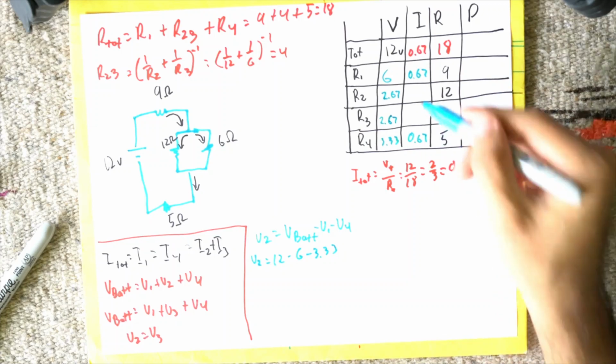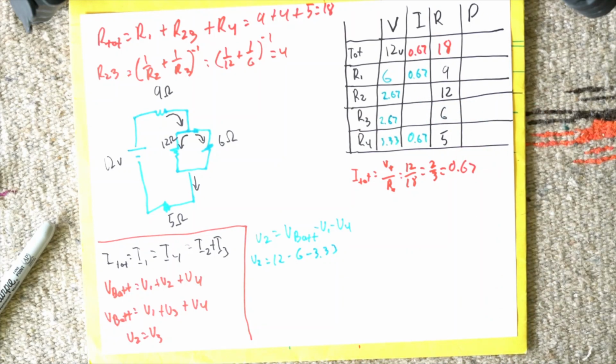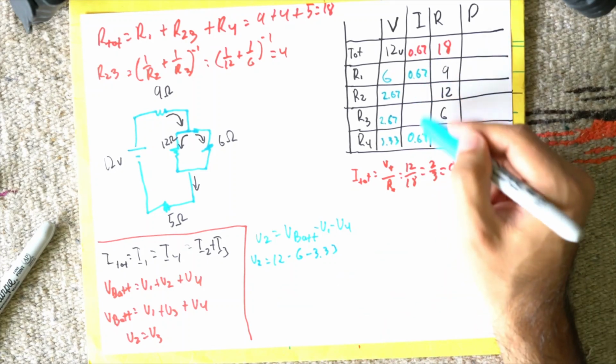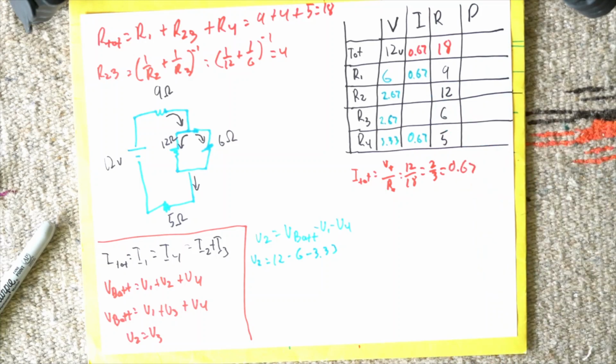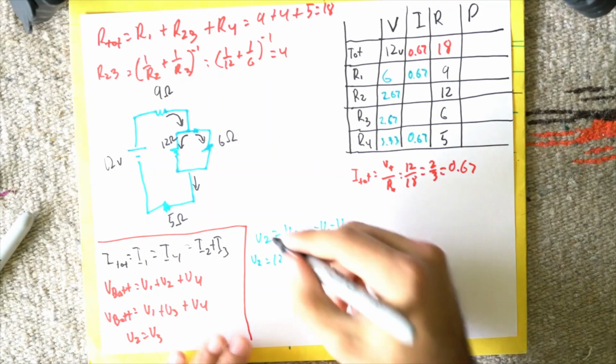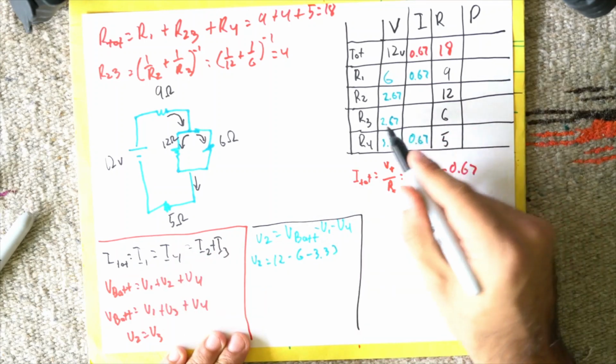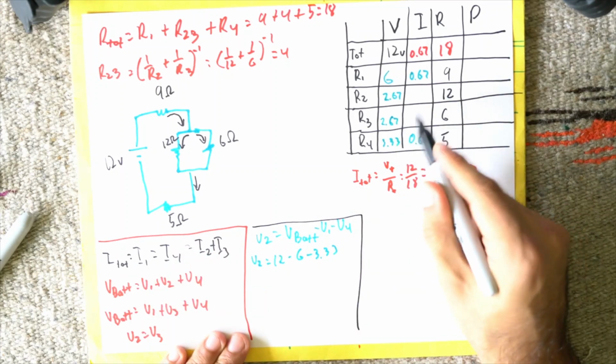Now that I have that, I have this unknown, and I can solve for that. Okay, but remember, it has to follow the rule of the current here and the current here adding up to any one of these currents. So let's do that real quick. I already have that rule, but I need to find this. So the way that I find it is by having 2 knowns and 1 unknown.